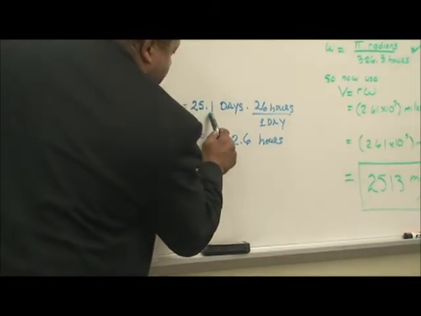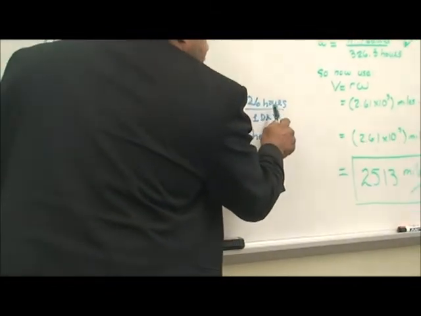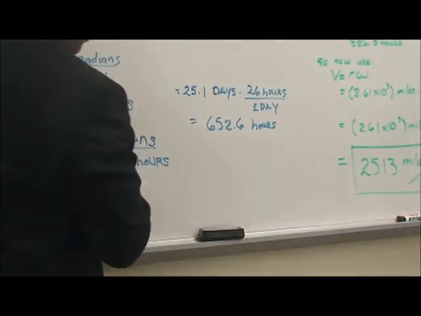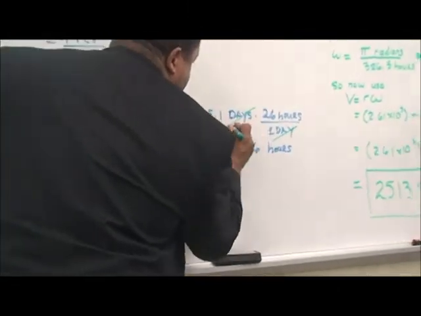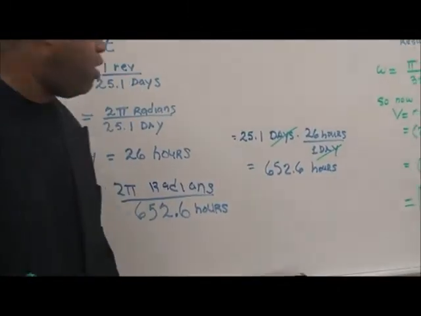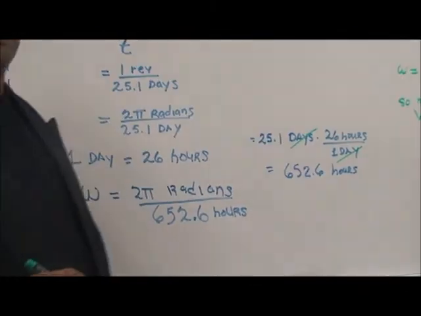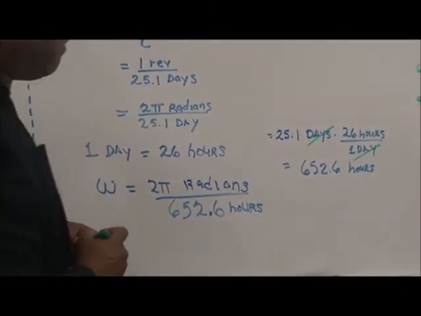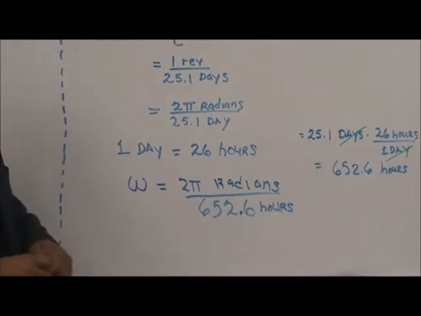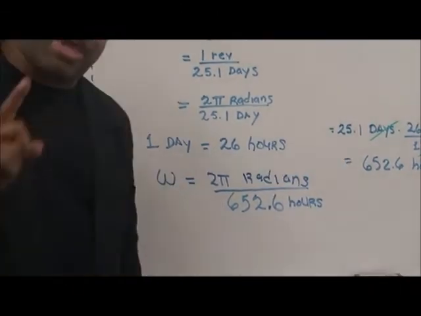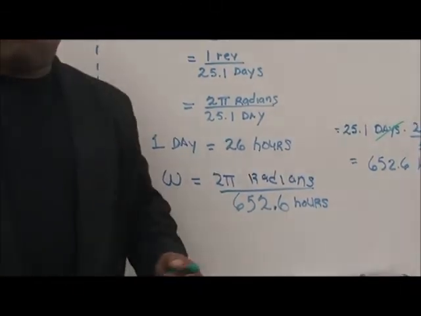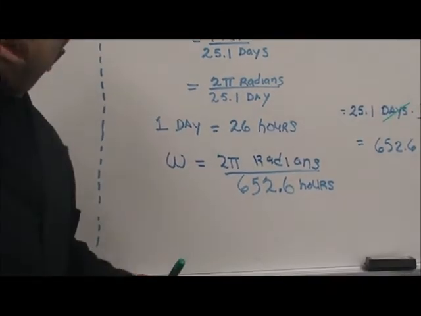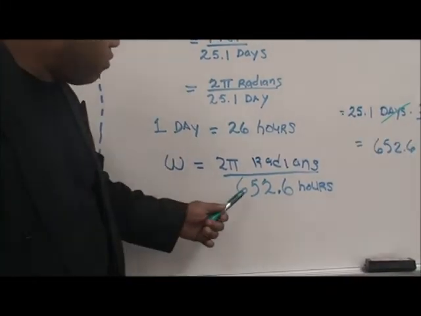So 25.1 days times 26 hours divided by one day, this cancels out here. So 25.1 times 26 is going to equal 652.6 hours.